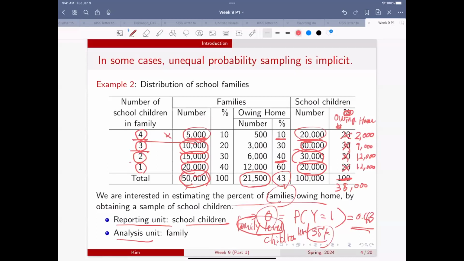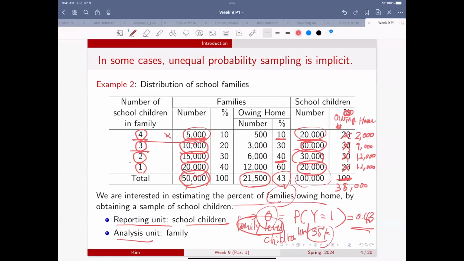That means unequal probability sampling is implicit, in the sense that if you use children to select a sample, then we are actually oversampling, overrepresenting the families with many children. You know what I mean?